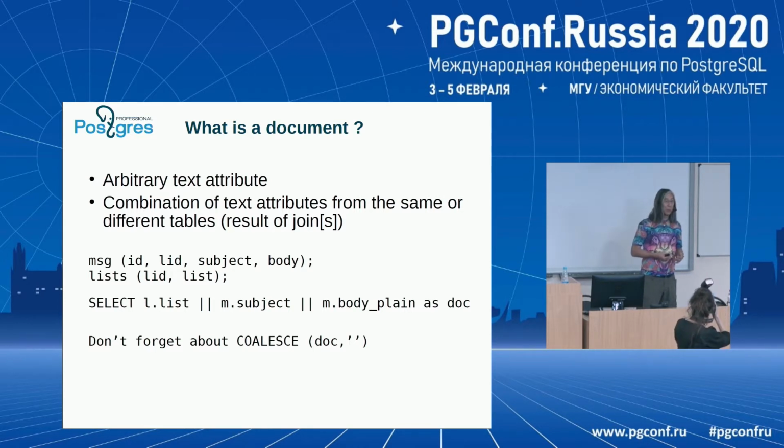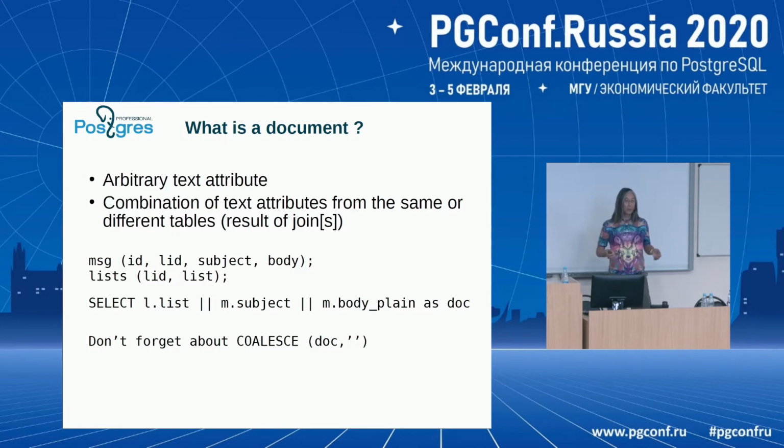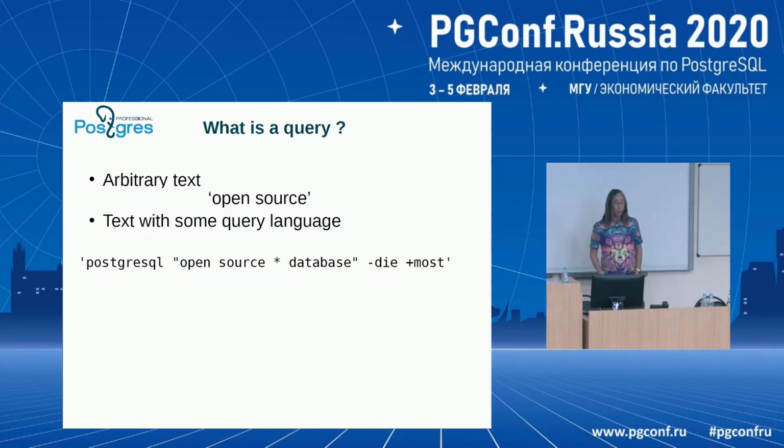If you start working with databases, you might think that if we concatenate 2 text documents and one of them is null, this null equals emptiness. But in databases it's not like this, because you will get a null. That's why don't forget about coalesce, so your result corresponds to our expectations.